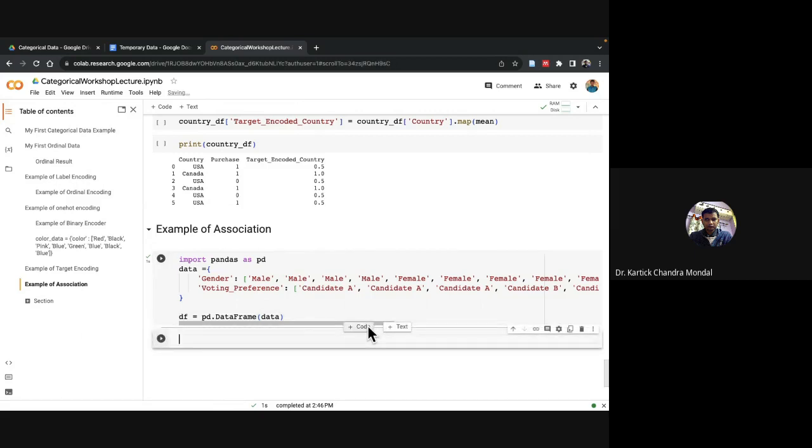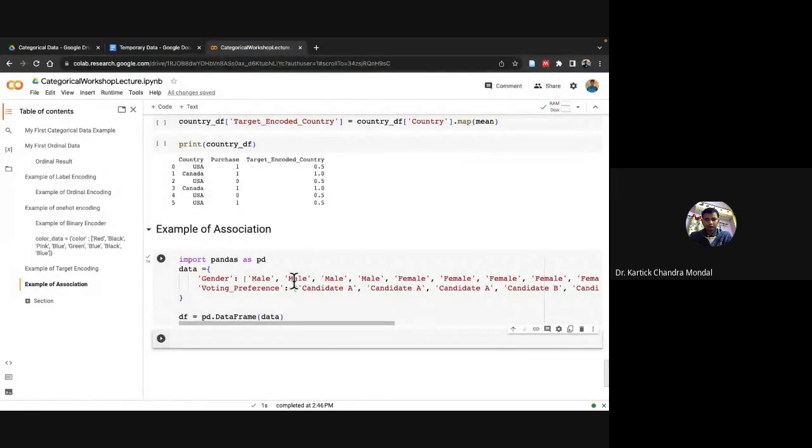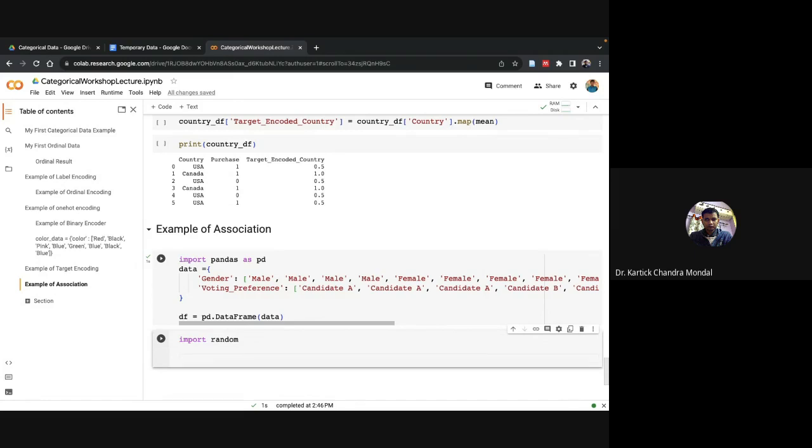For this, we can use some random values to create a data set of, for example, 200 rows, because if I ask you to create a 200-row data set manually, it will be difficult. So I will use the random function to create it.